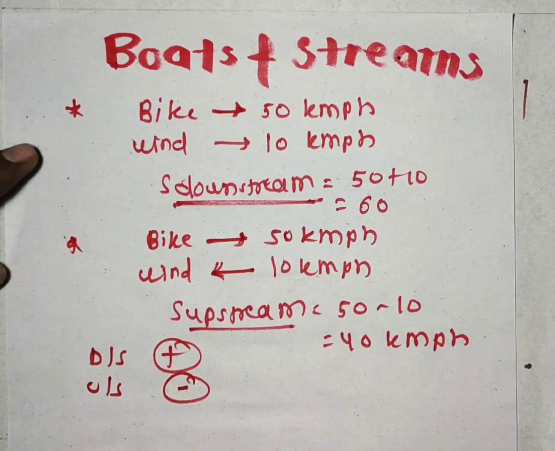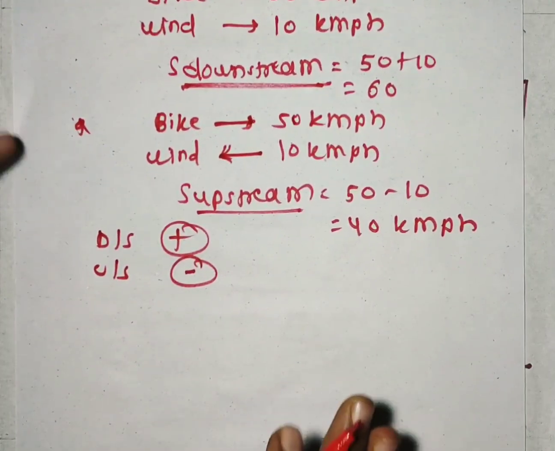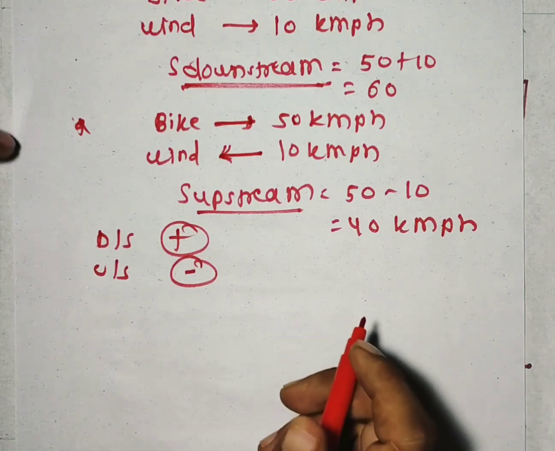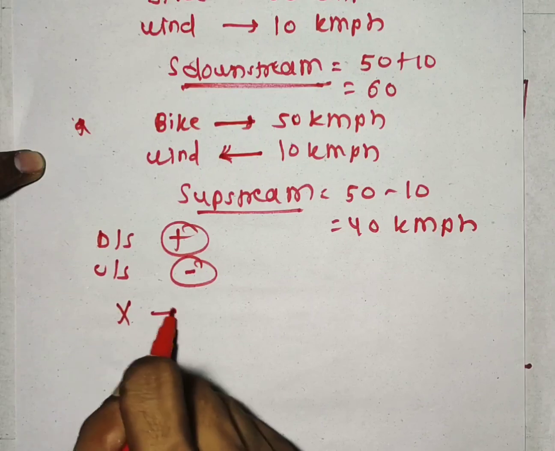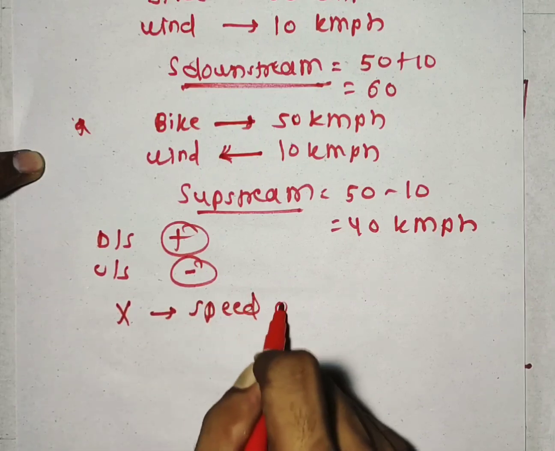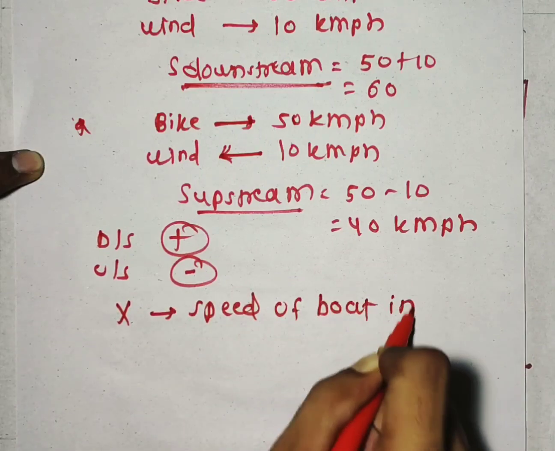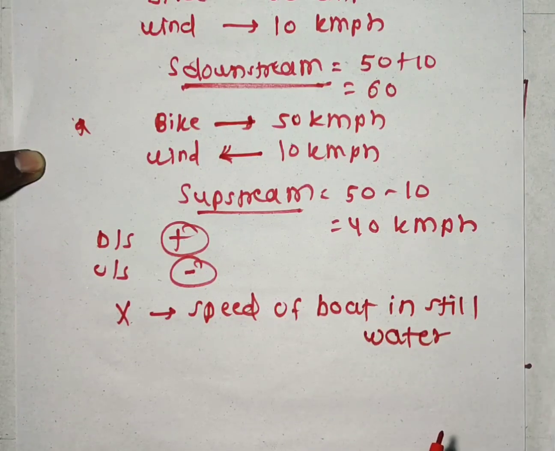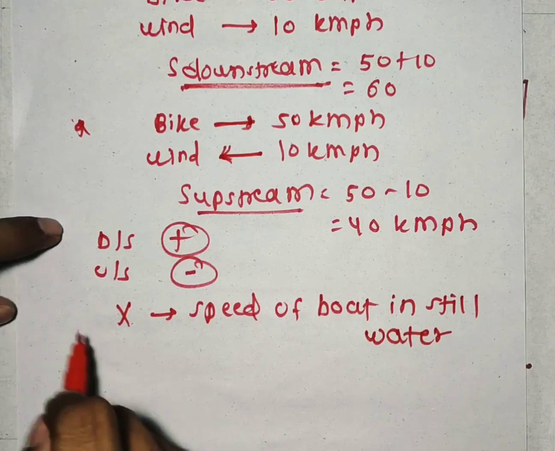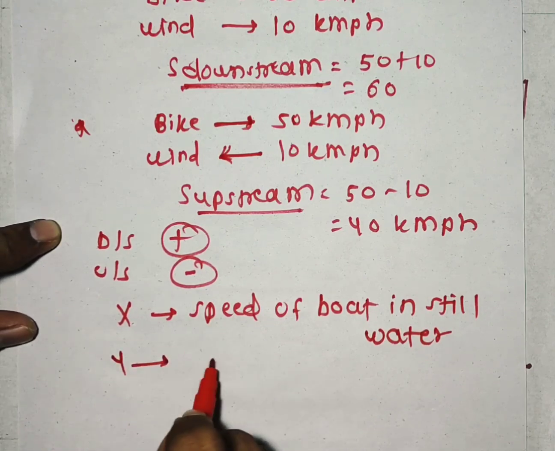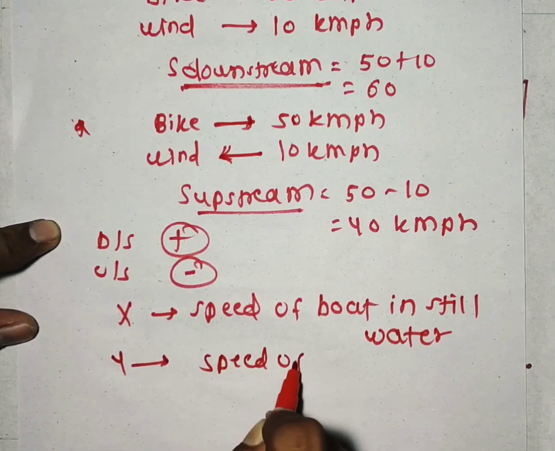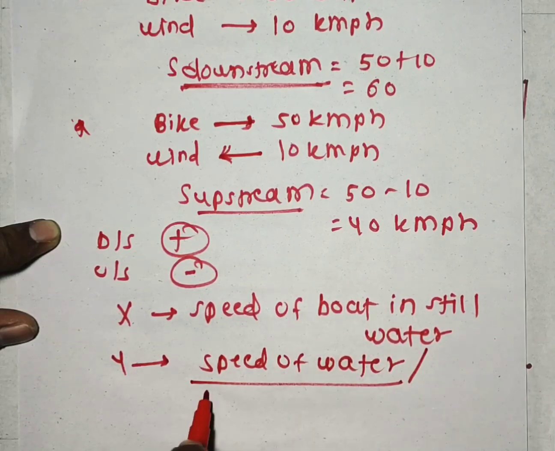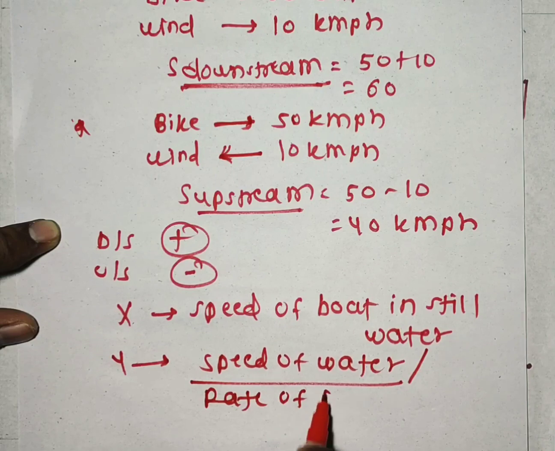That's it. In boats and streams, two kinds of questions can be asked. Either you have to find the speed of the boat in still water, meaning when the water is not moving, or you have to find the speed of the water itself, which can also be called the rate of stream.